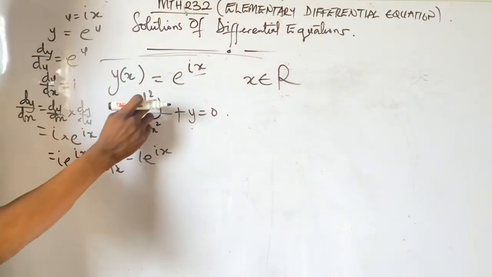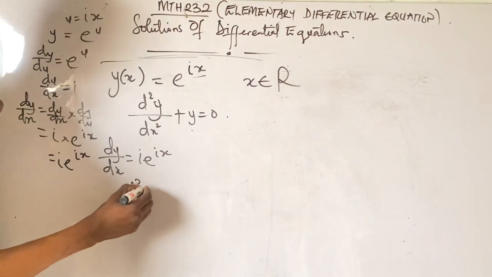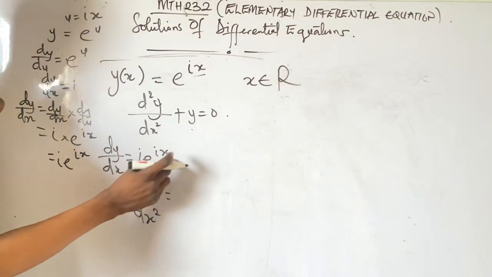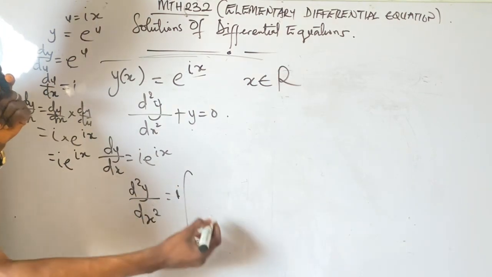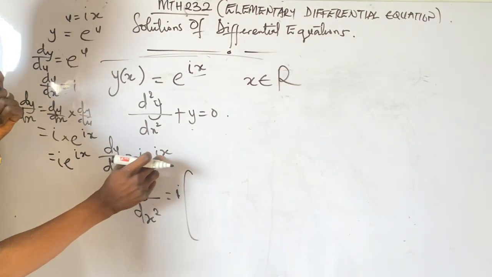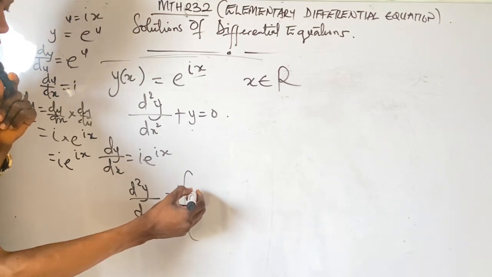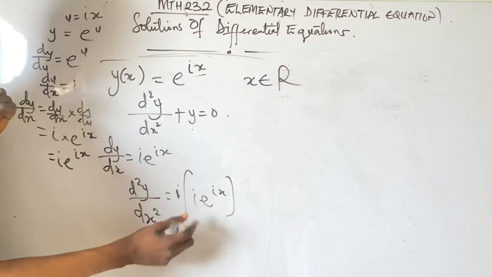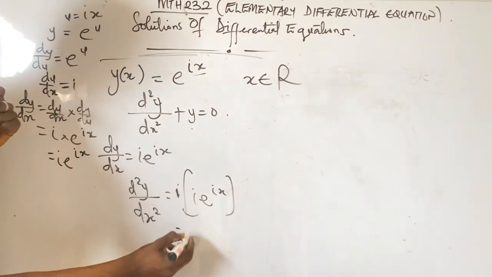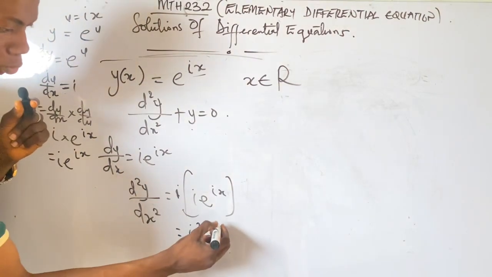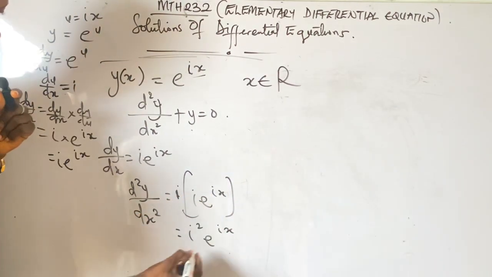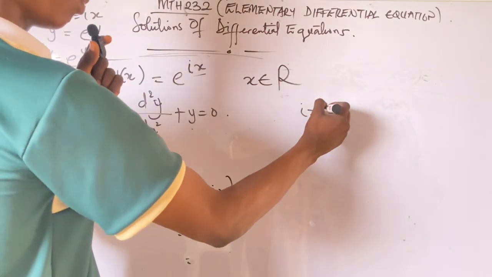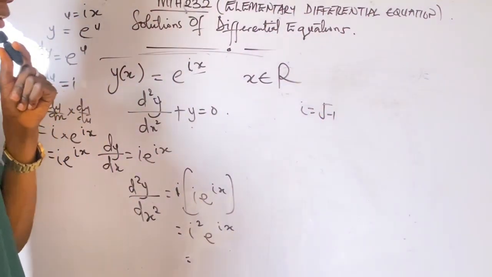So the second derivative now, that is d²y/dx², is simply differentiating this. i is already a constant out of it. Differentiate e^(ix) again. That is still going to give you i e^(ix), using the method we used here, because we did exactly the same thing. This is equal to i² e^(ix). And we told ourselves that i is equal to the square root of minus 1, a complex number.